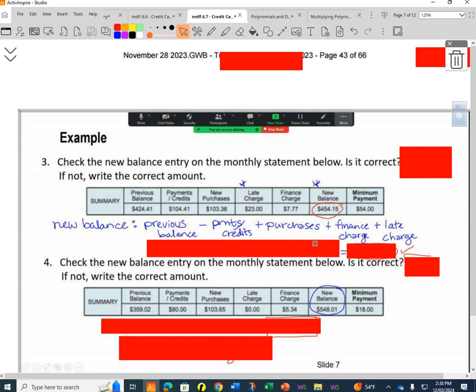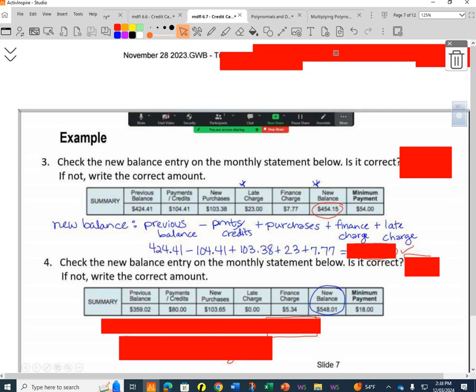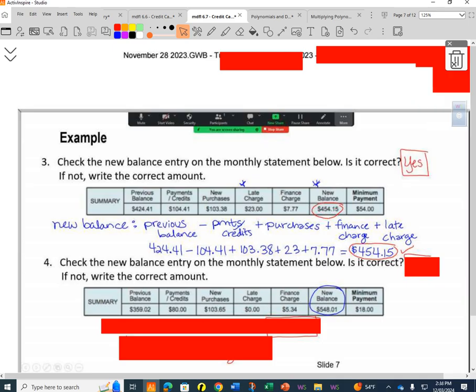If we add all those, do all that math, we should get $454.15, and that is what we get. So yes, it is correct.